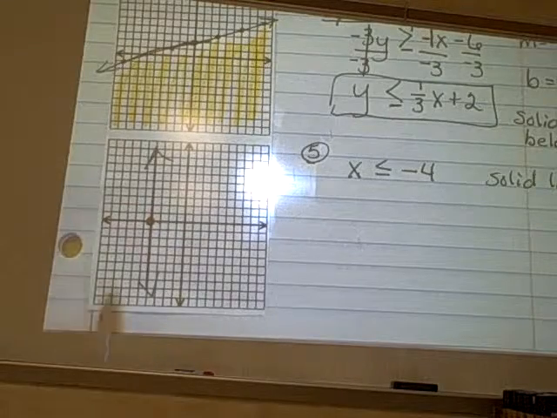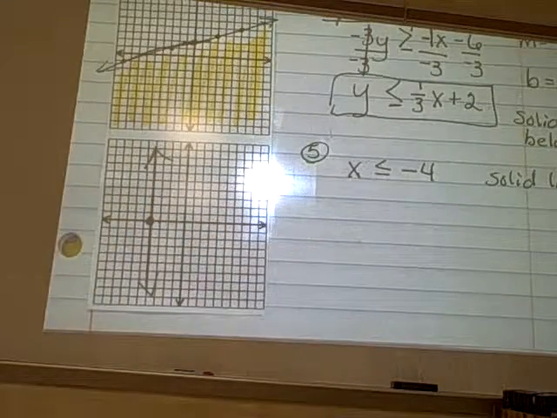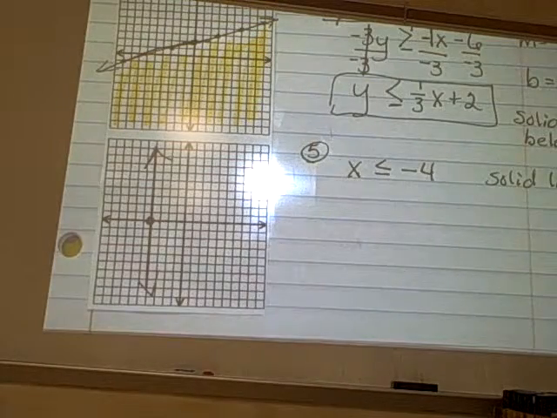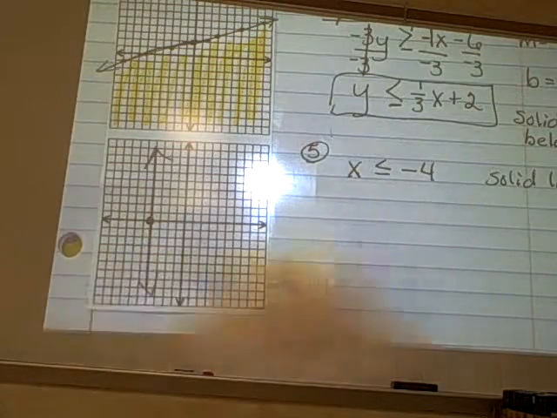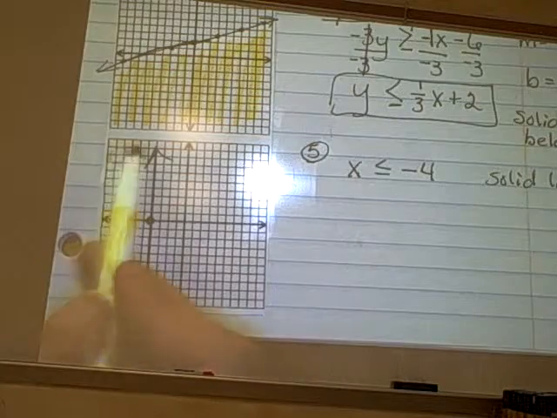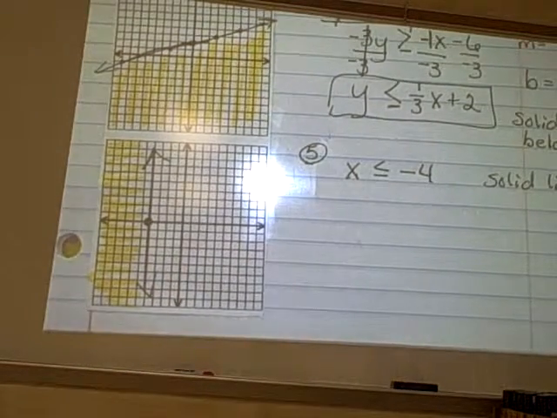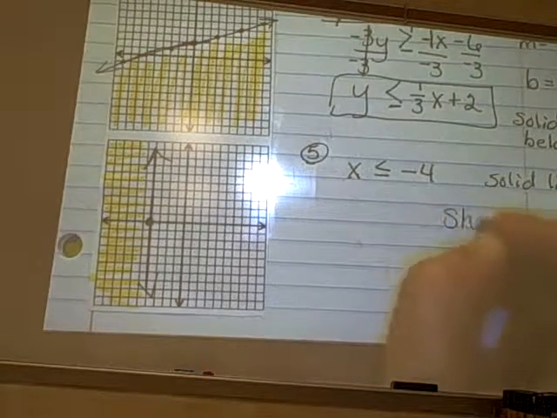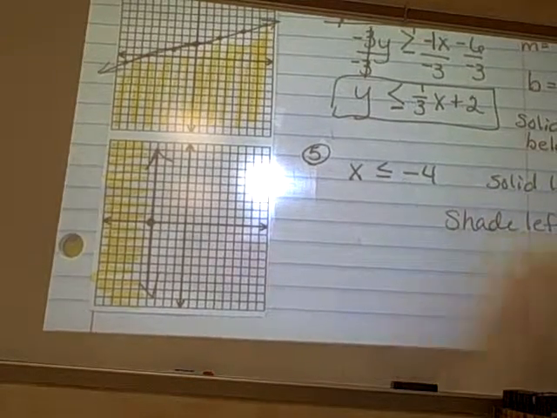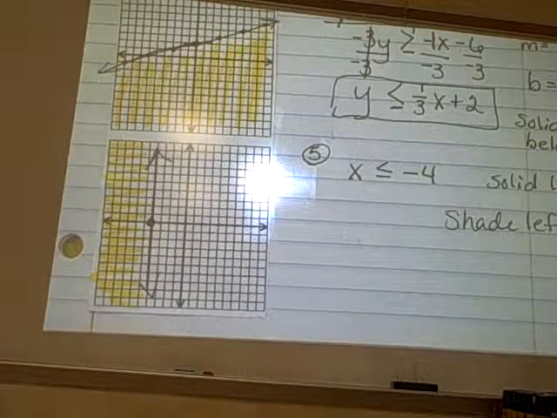Not really. It goes up forever. It goes down forever. So since it's the x, I need to shade less than. Less than on the x is to the left.